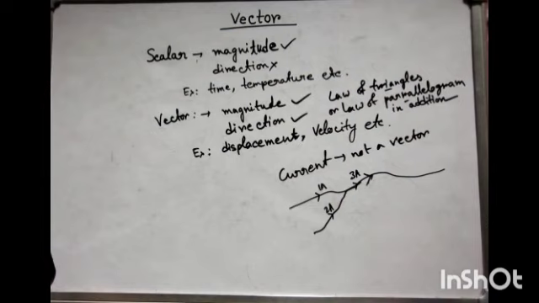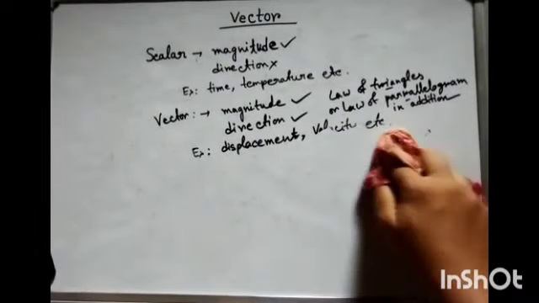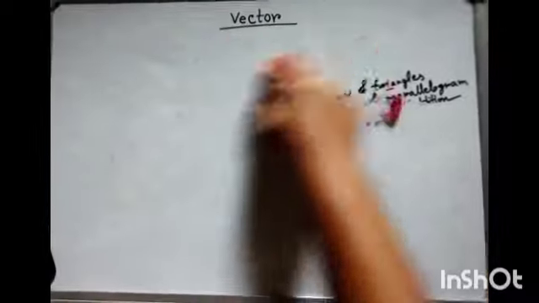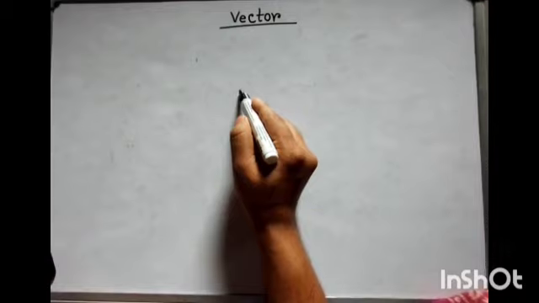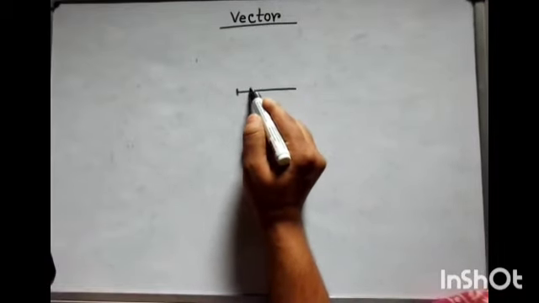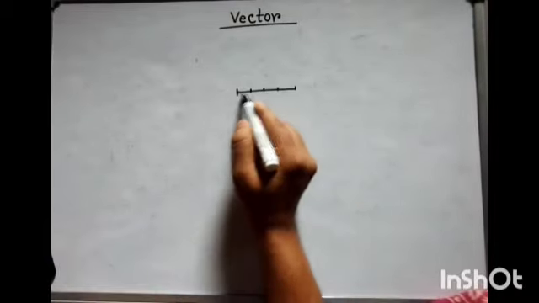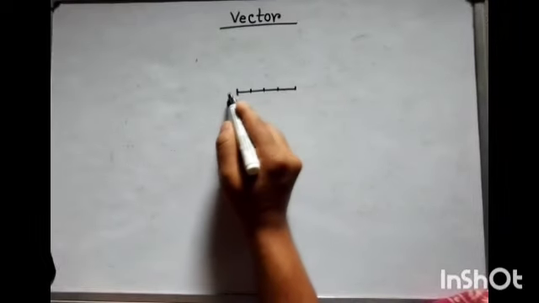Now we will see different types of vectors. Suppose a vector has a magnitude of 4 units, and it is along the x-axis.